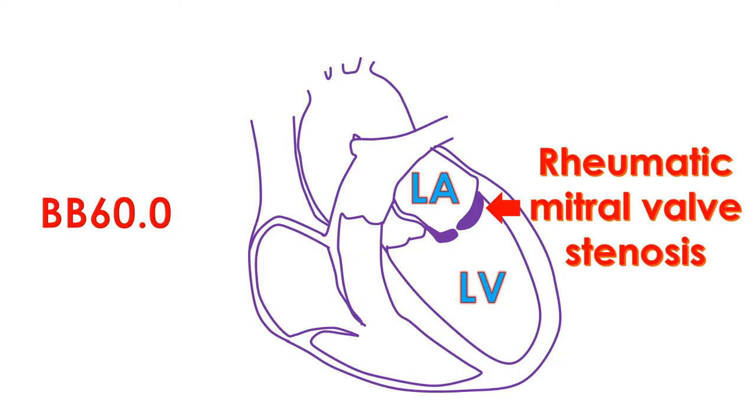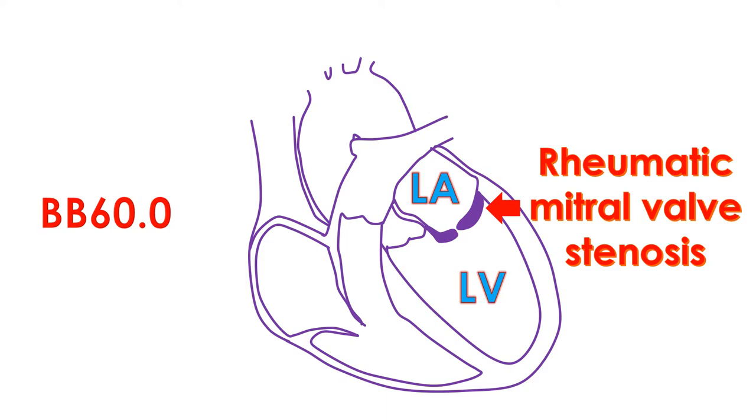Coding for heart valve disease starts with BB60 for mitral valve stenosis, narrowing of the valve between the left upper and lower chambers of the heart. BB60.0 encodes for rheumatic mitral valve stenosis, while BB60.1 codes for non-rheumatic mitral valve stenosis.